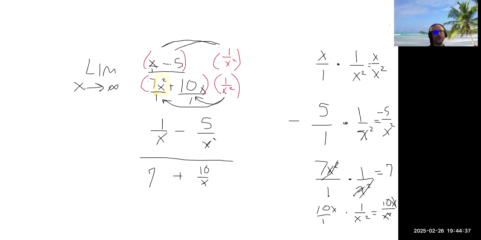Okay. Now remember that this is the limit as x approaches infinity. Before, it was a little ambiguous what was going on, but now we can see this much more clearly because all of the x's are in denominators.